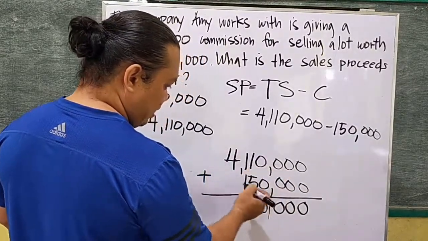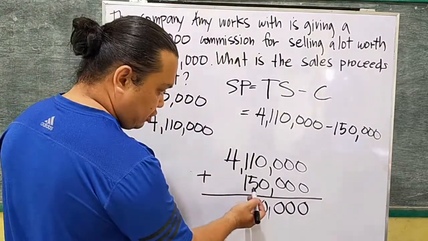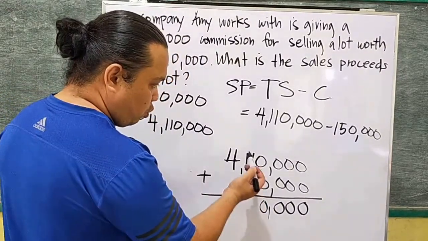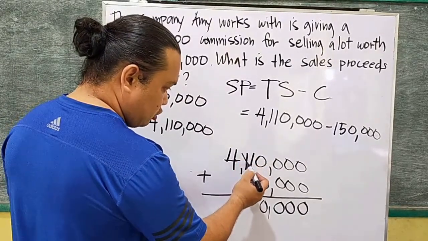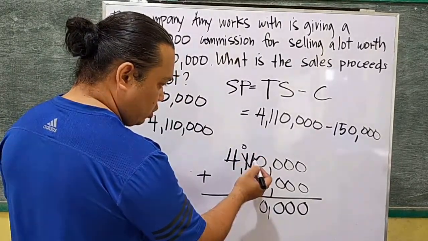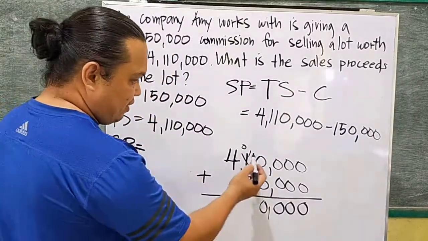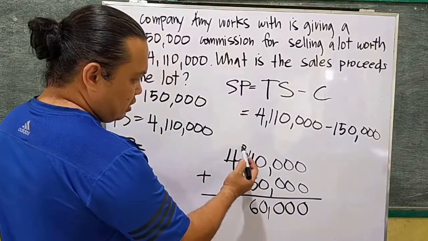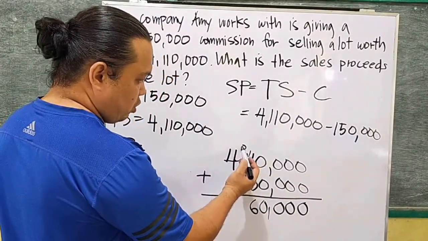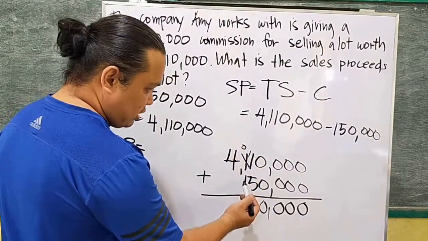Now 1 minus 5 cannot be, because 5 here is greater than 1. So 1 needs to borrow 1 from the next digit. That digit will become 0 here, and 1 will become 11. So you can now subtract. Now 11 minus 5 is 6. Now this is now 0 because we have borrowed 1 from it. Now 0 minus 1 cannot be, because 1 is greater than 0.